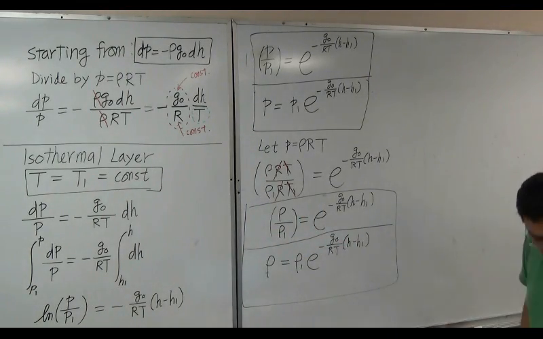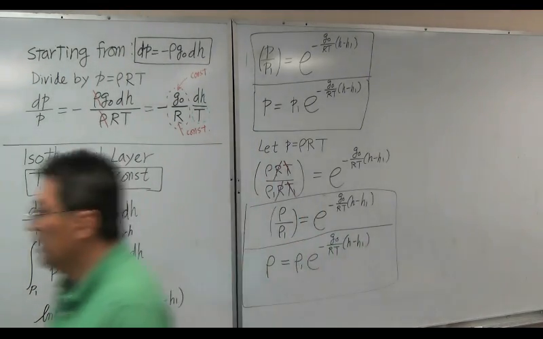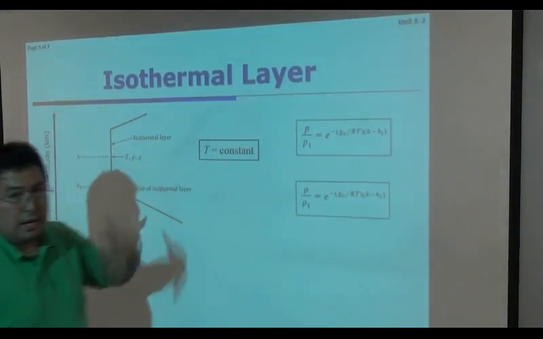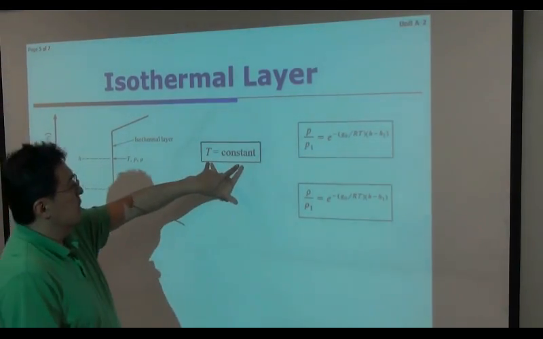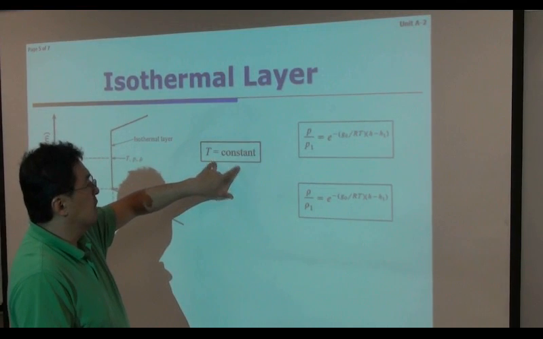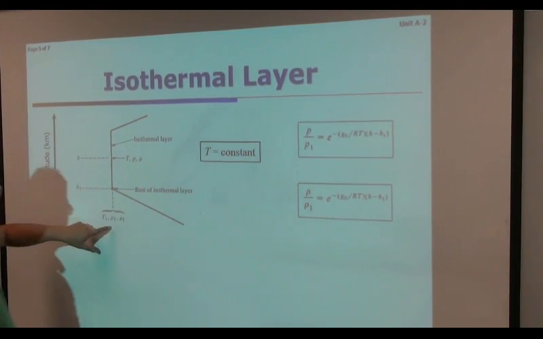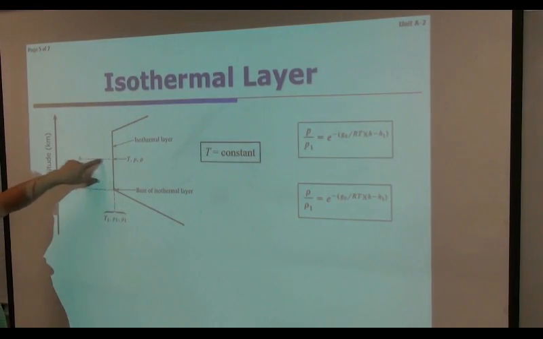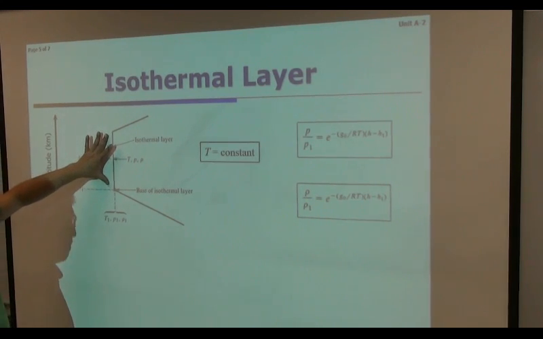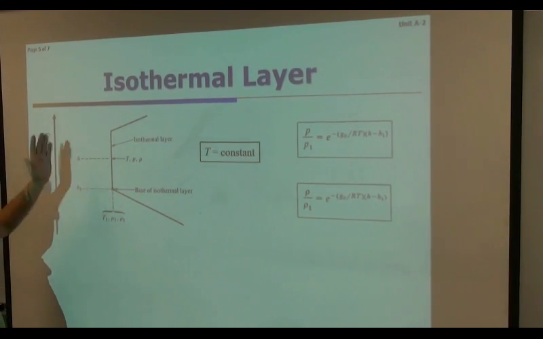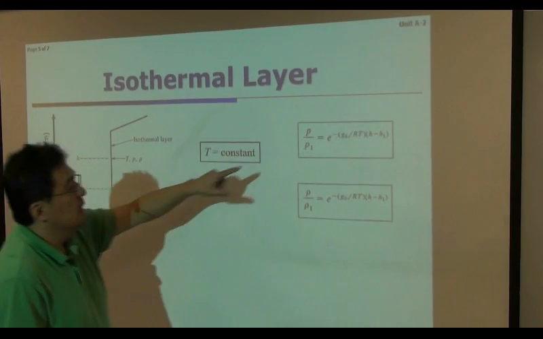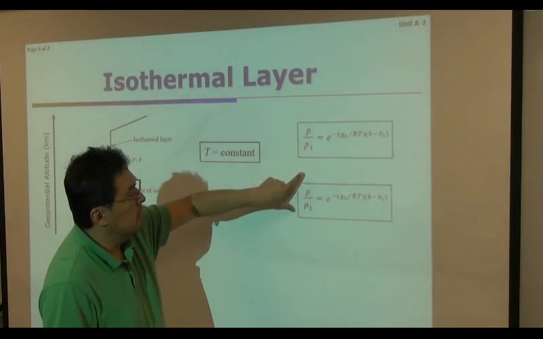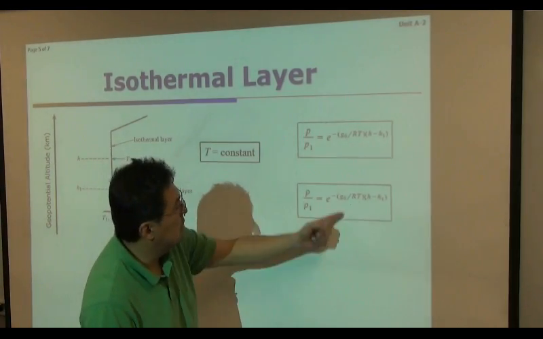So let's go back and take a look at the three equations we got. This is the first thing you realize. This is isothermal, temperature is constant. So whatever the temperature T1 is, at any altitude within this isothermal layer, temperature is always T1, a constant value. Then those are the pressure and density, which is the exact same equation.